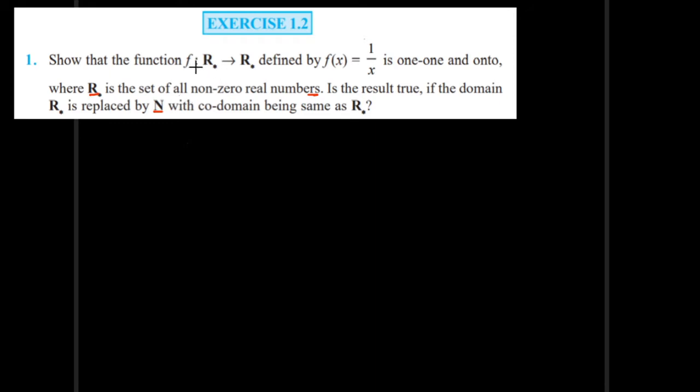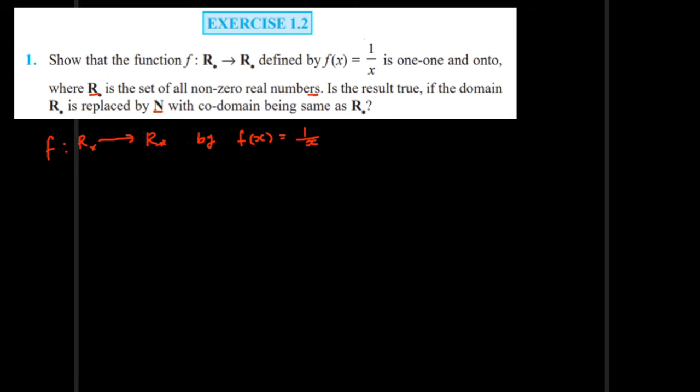Here our function f is defined from R star to R star by f of x equal to 1 by x. The mapping is 1 by x, that is, a reciprocal. Suppose you take 1 by 2, like that. Here we have to check one-one and onto.